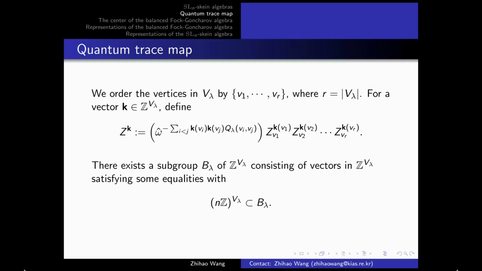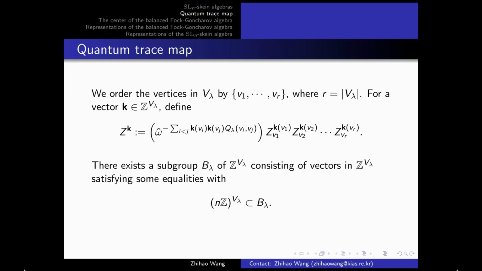So there exists a subgroup B lambda of this abelian group, consisting of vectors satisfying some equalities, and with this property. One important property for this subgroup is this. It is not so easy to explain the definition of this subgroup.